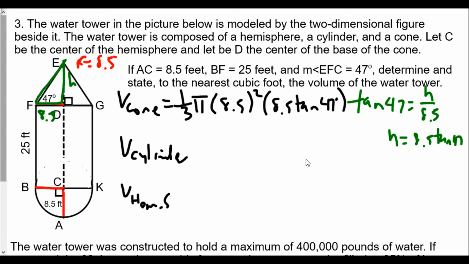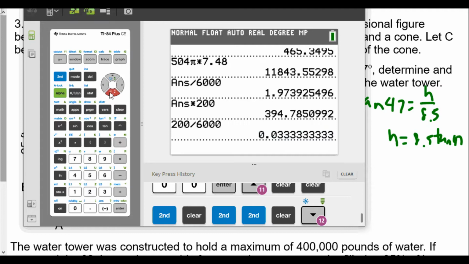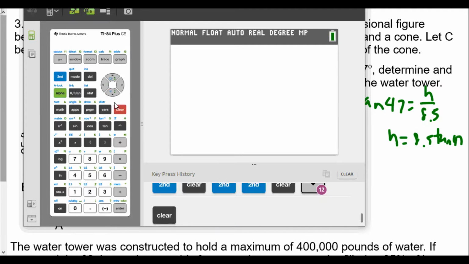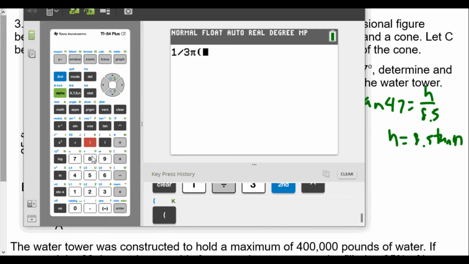So let's find a calculator. In our calculator, we clear all this. All right, so we have 1/3 pi times 8.5 squared, which is the radius squared.